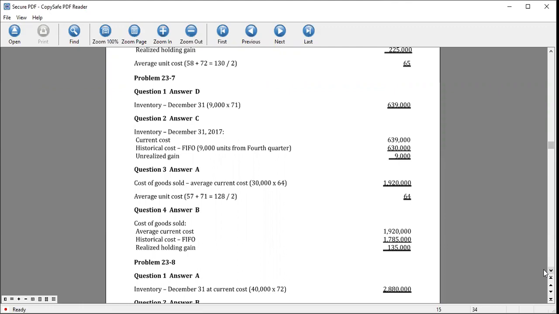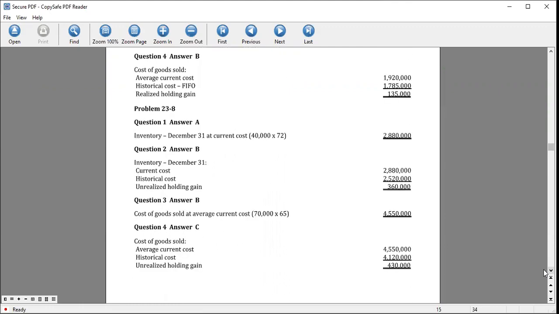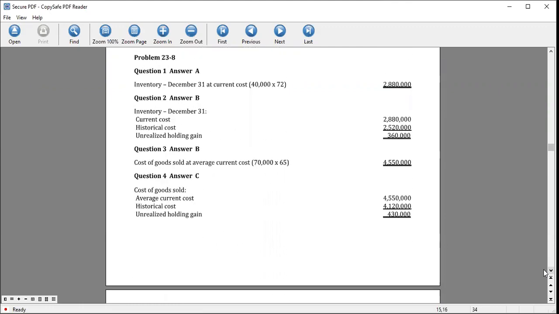Next, in 23-8, question number 1, what is the inventory on December 31 at current cost? So we have now 40,000. That's the inventory end. And then we have to multiply that by the current cost of 72.